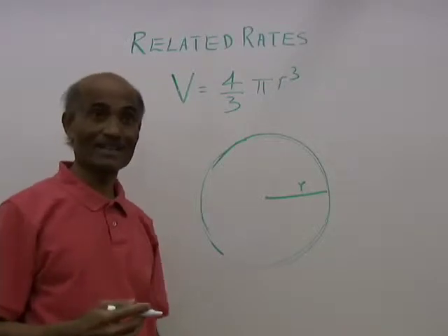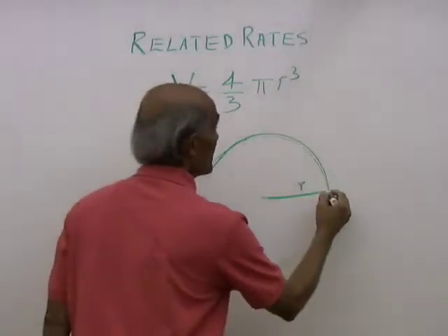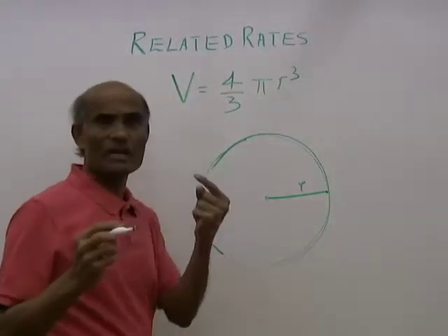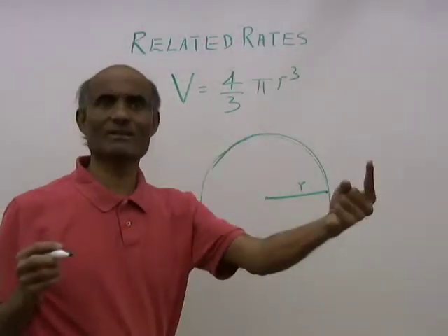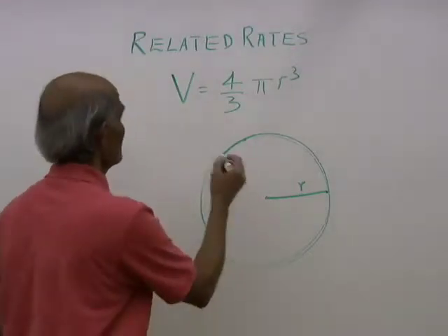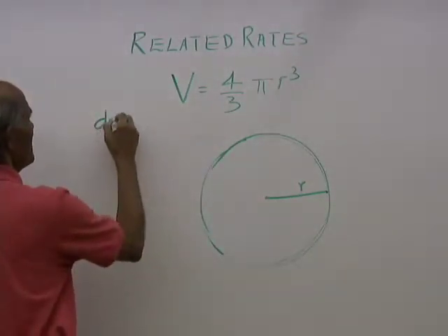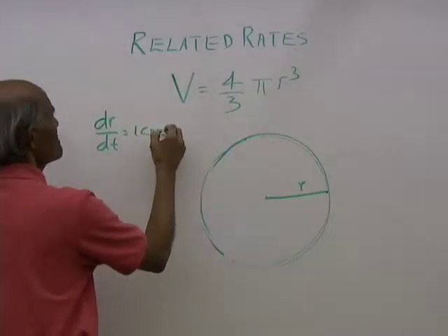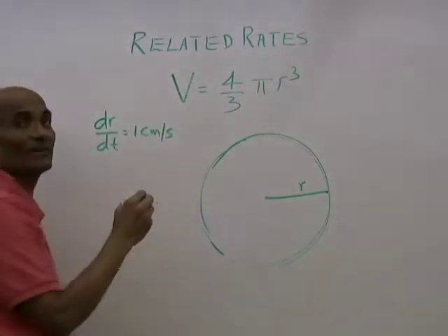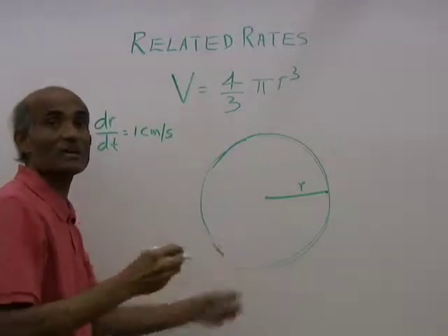Is that right? Yes. Now, in other words, suppose we say radius changes, say, 1 centimeter per second. Now, how do I write it? I say dr by dt is 1 centimeter per second. That is the rate at which the radius changes.